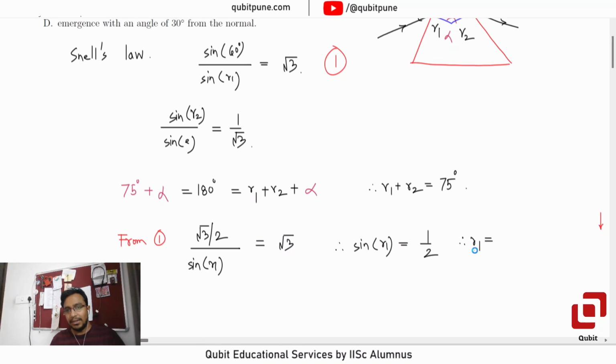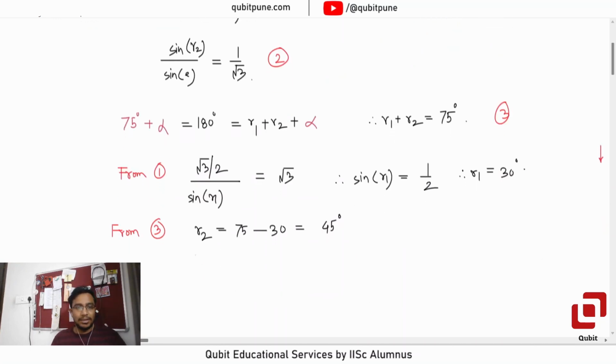Therefore, R1 will be 30 degrees. Now, use the third relation. If R1 is 30 degrees, how much will R2 be? 75 degrees minus 30. So R2 will be 45 degrees.